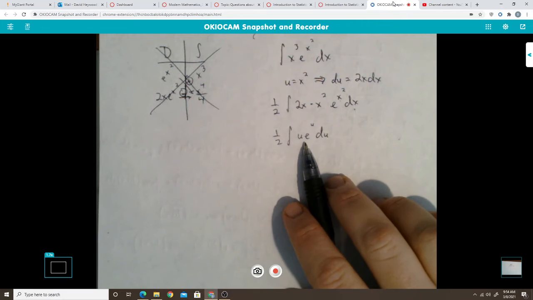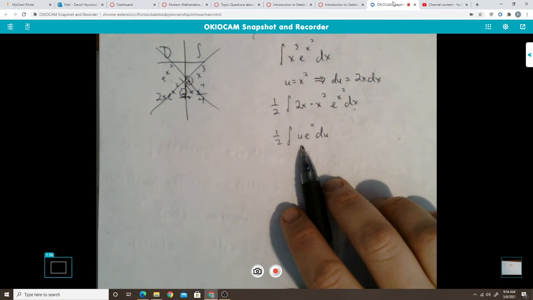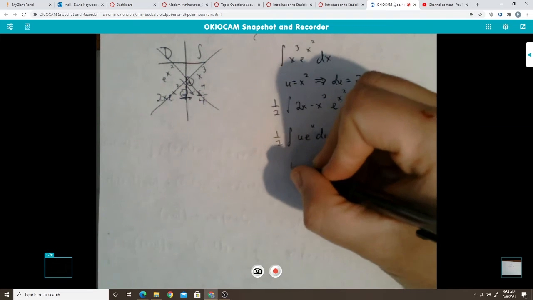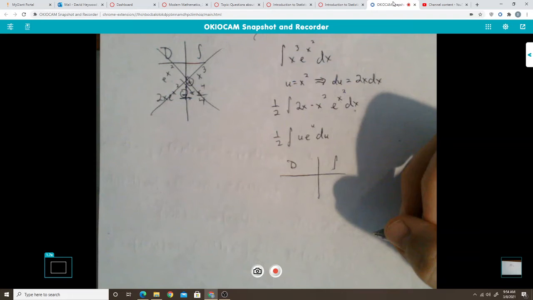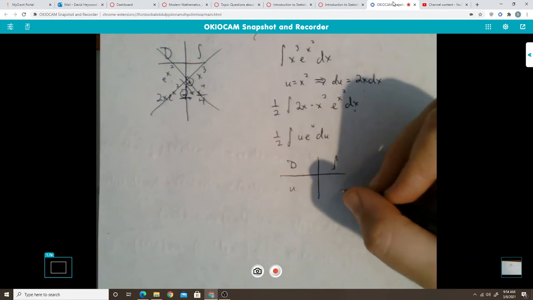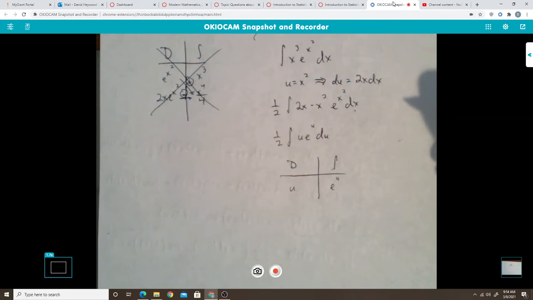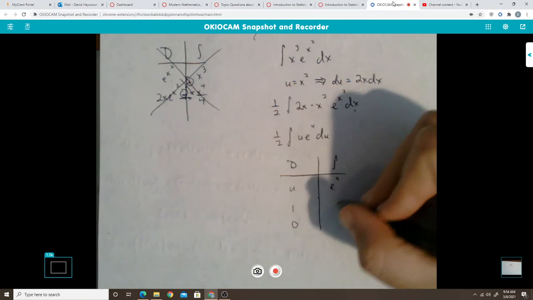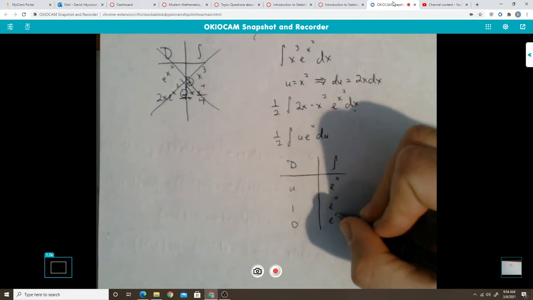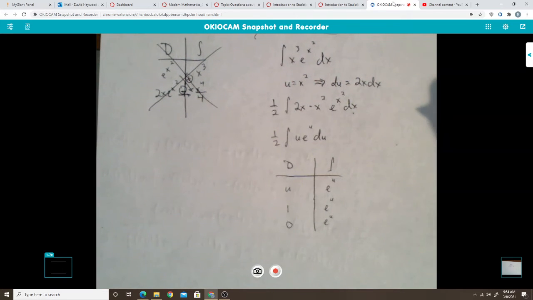Now that thing you can integrate by parts. For sure, right? Super easily, right? So we can differentiate the u and integrate the e to the u. This is going to go to 1 and then 0. This is going to just stay e to the u, e to the u. Okay?